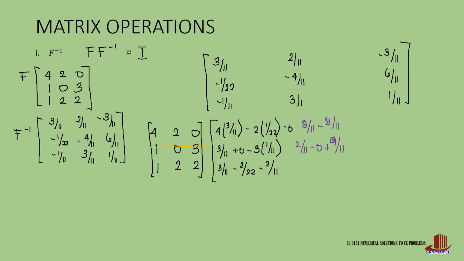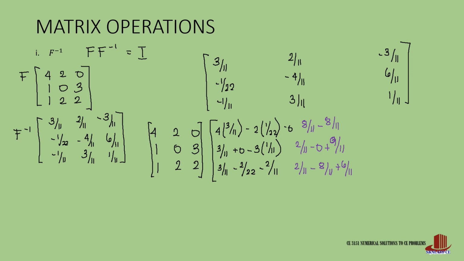That would be 9/11. For the last row, 1 times 2/11 minus 2 times 4/11 or 8/11 plus 2 times 3/11 or 6/11. Let's place here the 1.